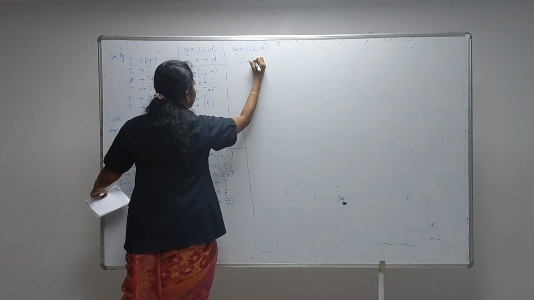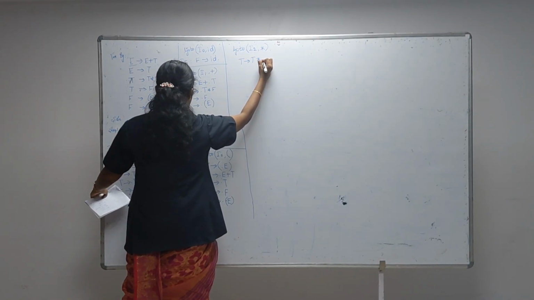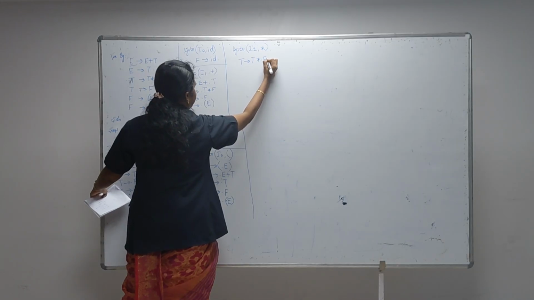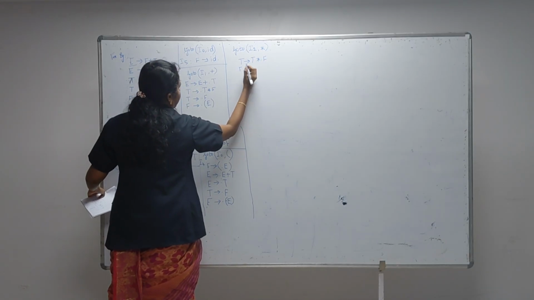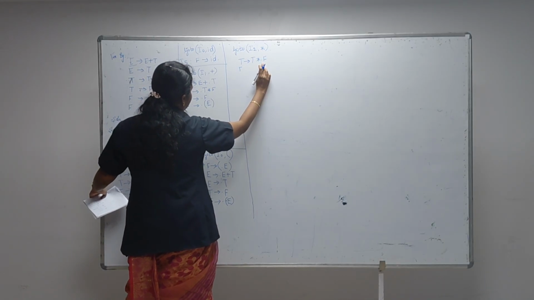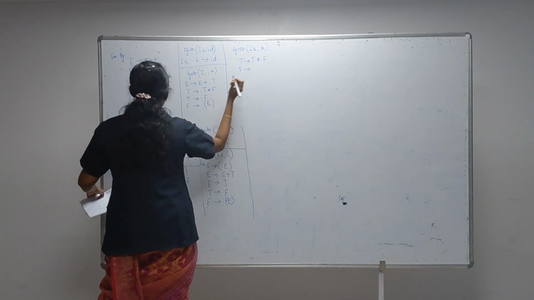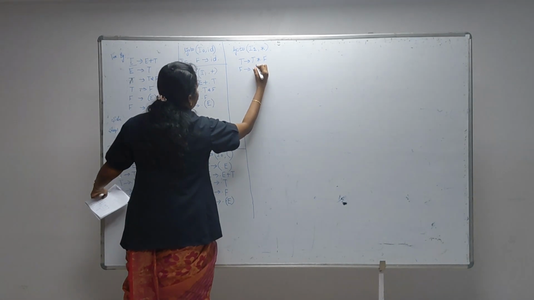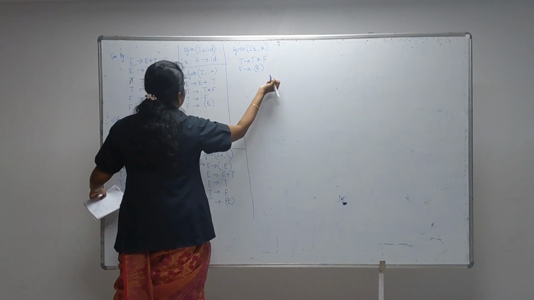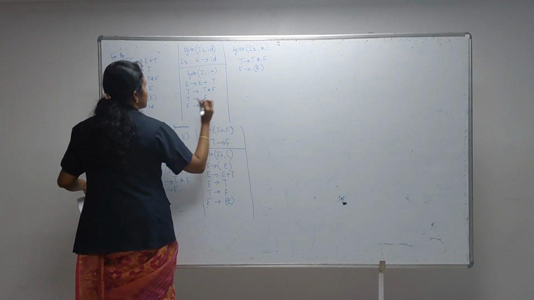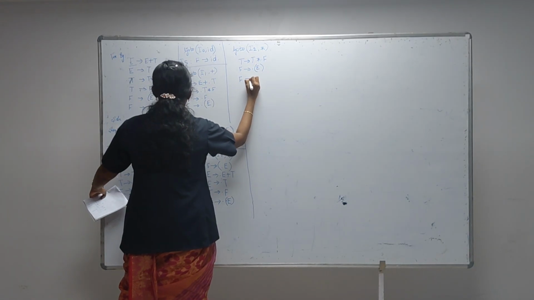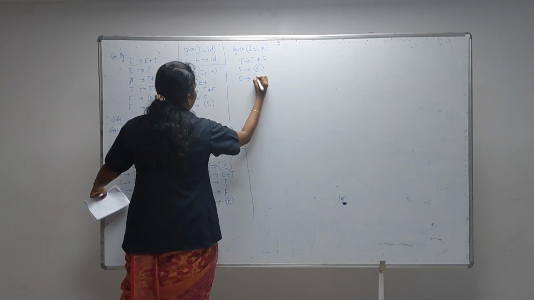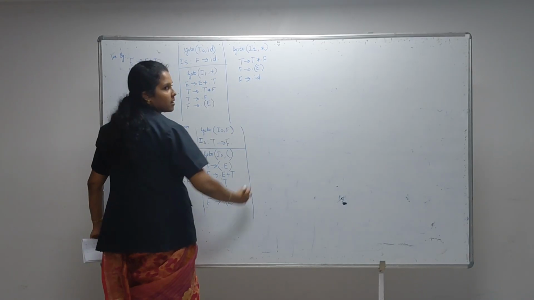T tends to T star dot F. After this F, here we will be having the productions for the non-terminal F. So what will be the productions here? F tends to dot open parenthesis E, and again F tends to dot ID.